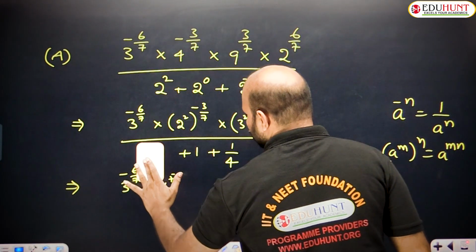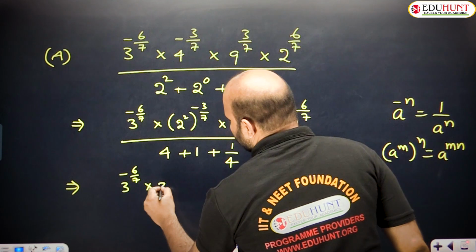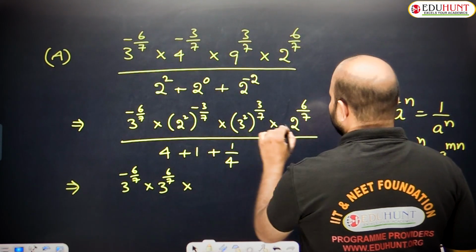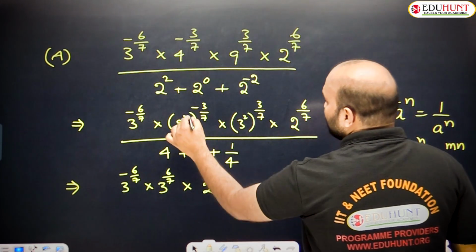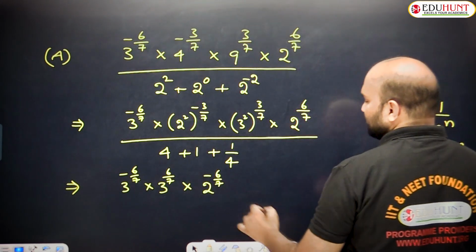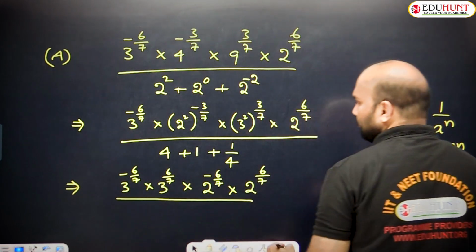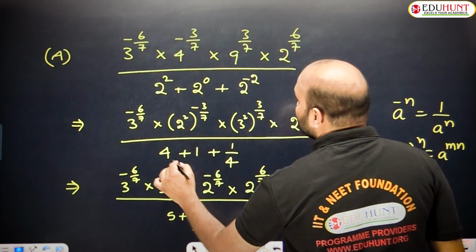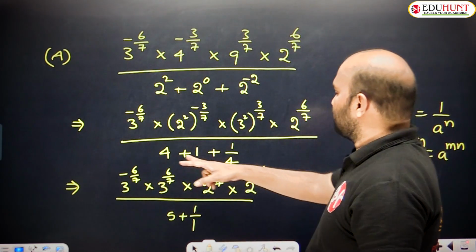Into 2 power 2, whole power minus 3 by 7, that is 2 power minus 6 by 7, into 2 power 6 by 7, whole divided by 4 plus 1, that is 5 plus 1 by 4. Am I clear?